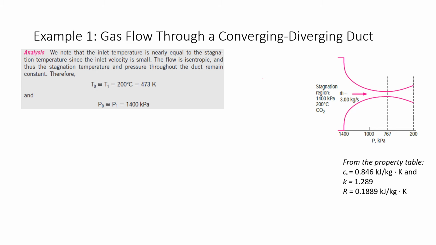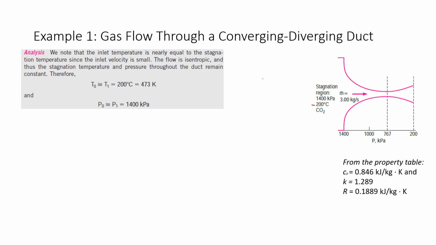So at the inlet, we can assume that the values are equal to the stagnation properties. So we have T0, the stagnation temperature, equals T1, and T1 is given as 200 degrees Celsius.